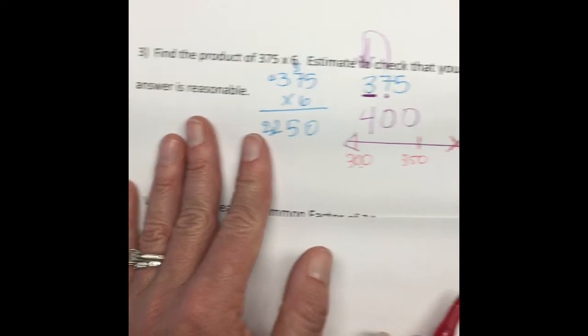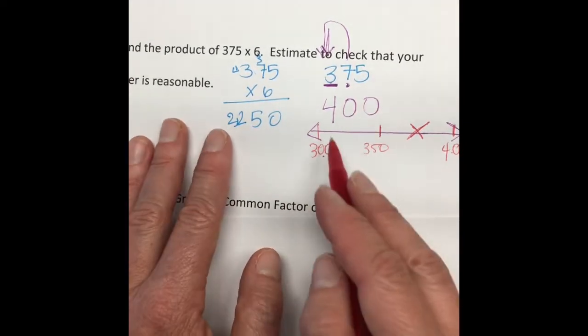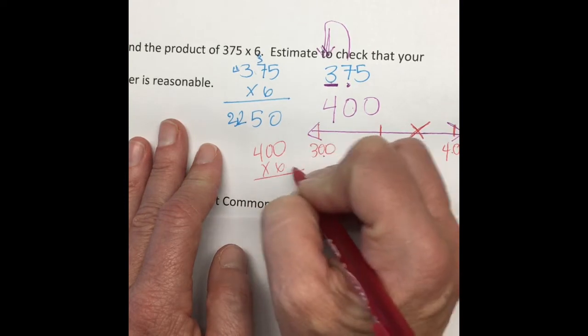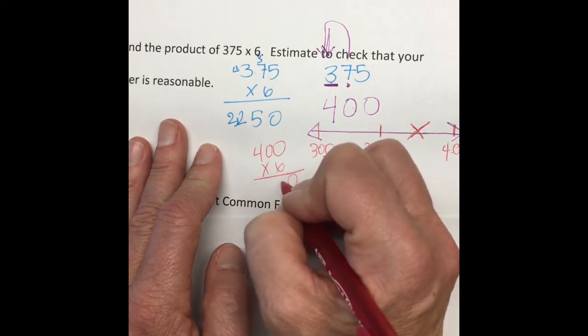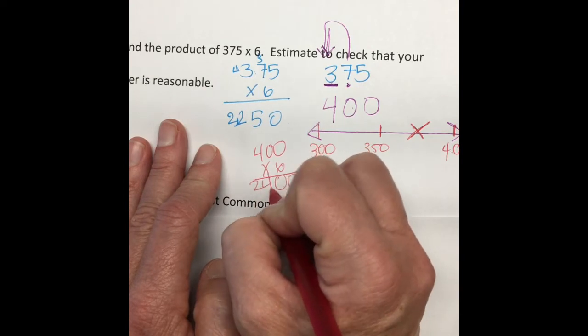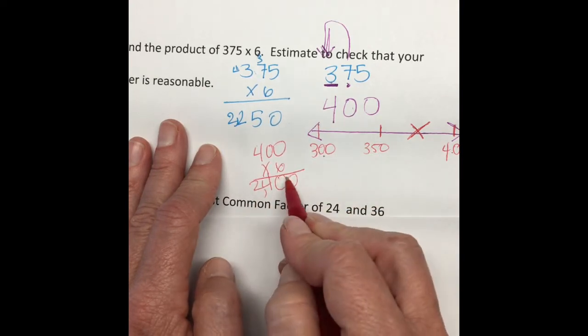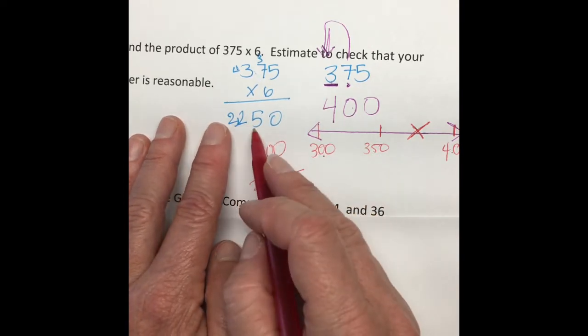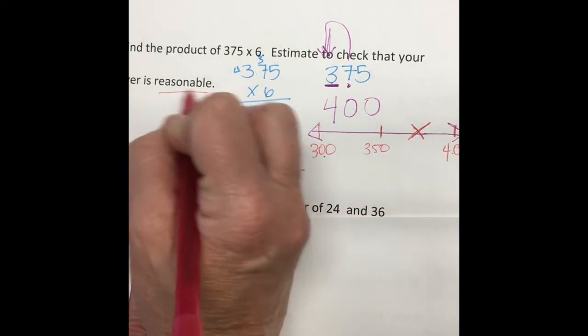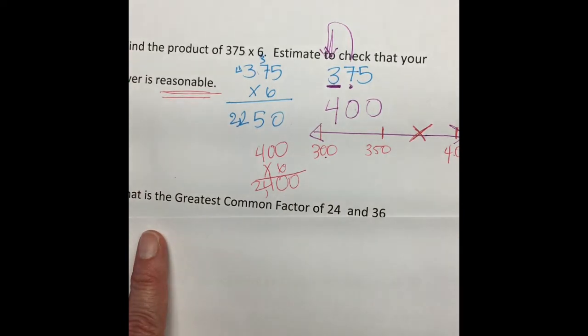So basically I could estimate this at 400 times 6. We already know 6 times 0 is 0, times 0, 0. 4 times 6, 24. 2,400 is fairly close to 2,250. So then you can ask yourself, is that reasonable? And yeah, I'd say that's fairly reasonable.